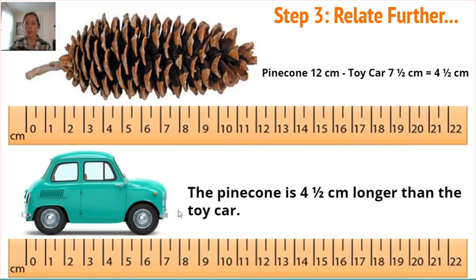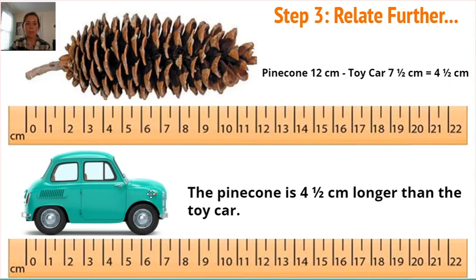Then we represent this in a number sentence by saying the pine cone is 4.5 centimeters longer than the toy car. We know this because we can visually see that the pine cone is bigger, but by how much? We can even use the ruler to figure it out. We can go down 1, 2, 3, 4, and then a half. So 4.5 centimeters longer than the toy car.